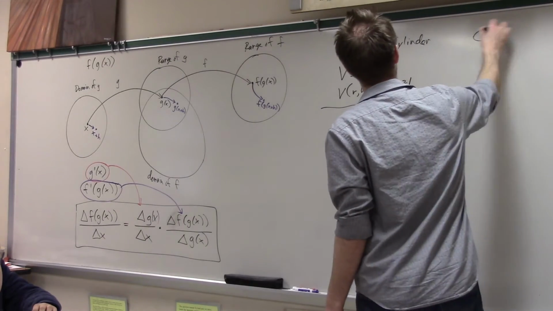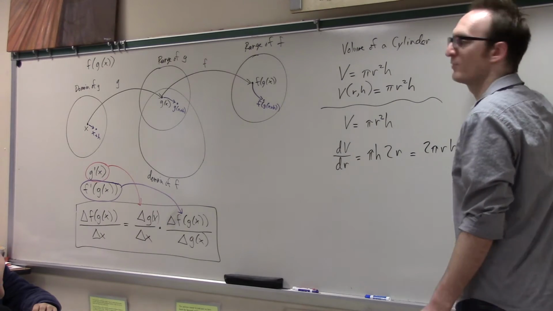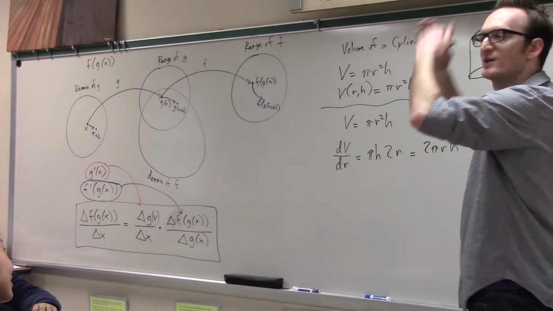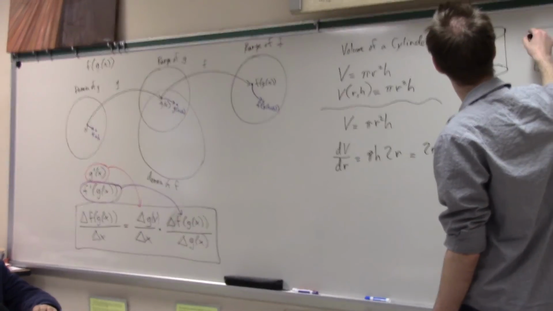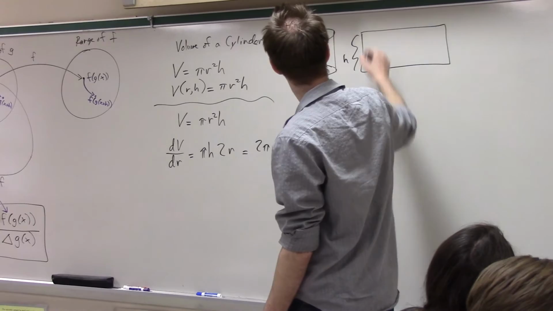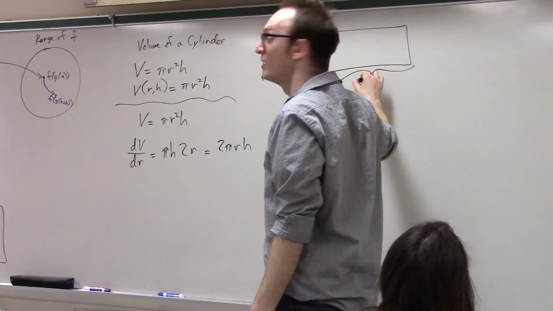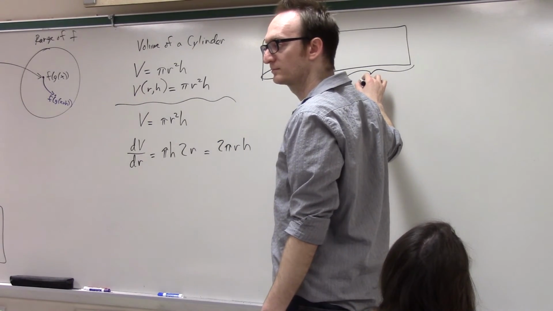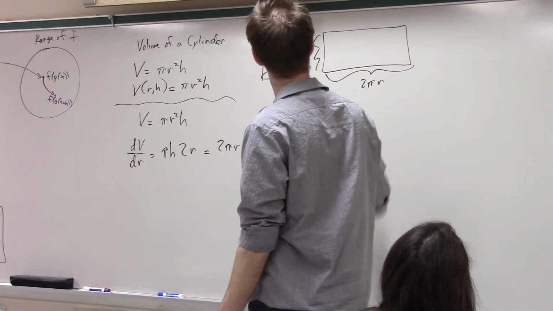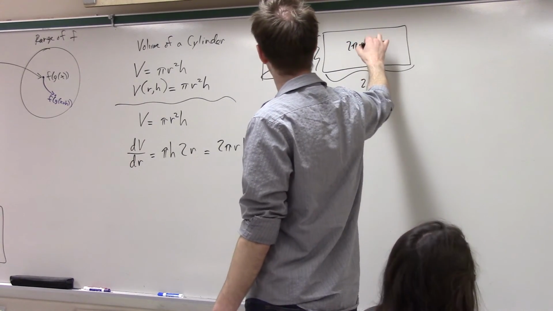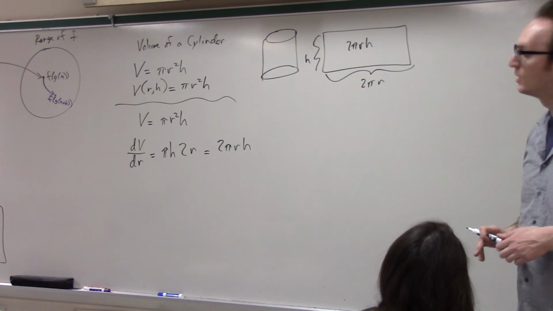If you take a cylinder, everyone did the soup can, and you unwrap it, then you get this rectangle, and the height of the rectangle is h, and the length of the rectangle is the circumference of the circle, which is 2 pi r, right? Pi d, that's the definition of pi. And so therefore the lateral area of the cylinder is 2 pi r h. You cool? Okay.